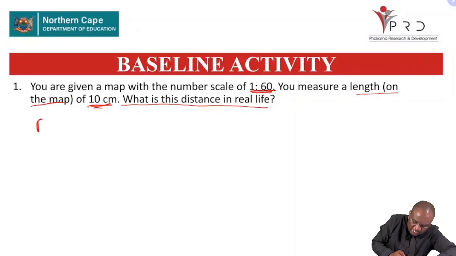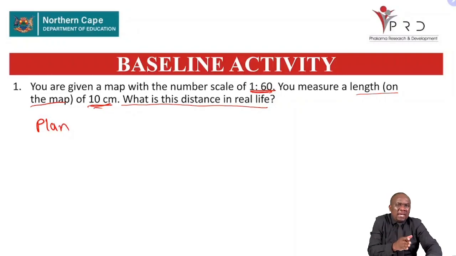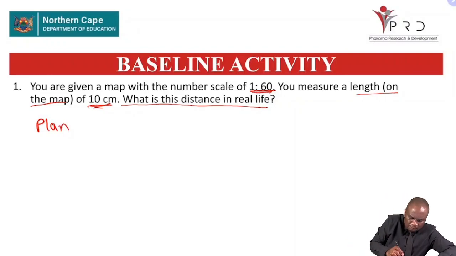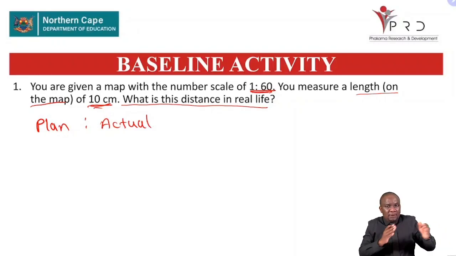We're talking about plans today, so I'll be using plan, or it can be map is to the actual. The length on the plan is to the actual length. That's what it means. Map to actual, plan to actual.